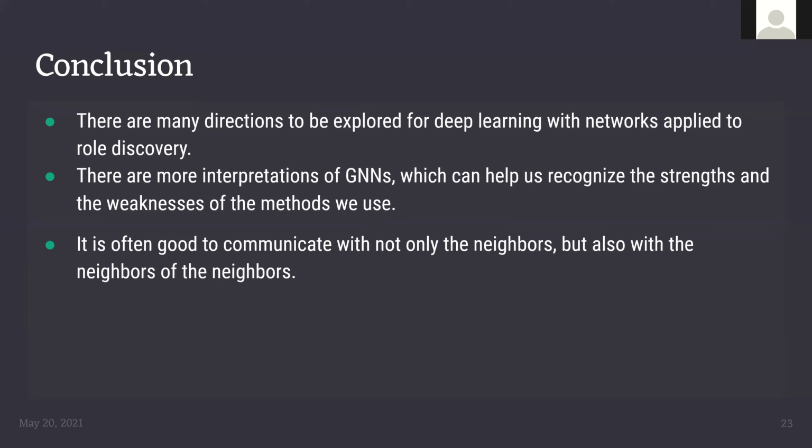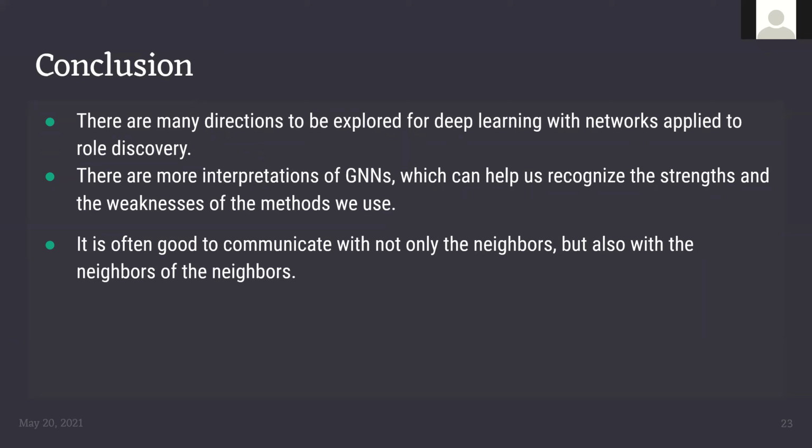Then another remark, which I made last time as well, is that when you're reasoning in terms of graphs, most of the time it's more than enough to look just at your one-hop neighbors, that is, at the nodes you are directly connected to. And of course, they can give you a lot of extra information, which is useful for whatever task you're trying to achieve.